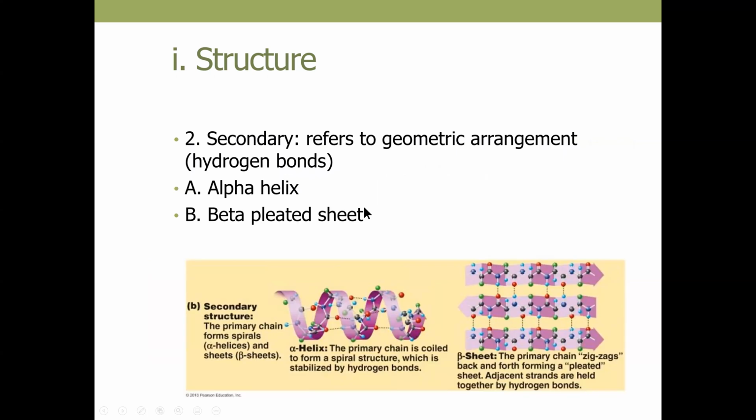Secondary structure refers to geometric arrangement. It can be an alpha helix or a beta pleated sheet. These are the two secondary structures, and they are related to the geometric arrangement of hydrogen bonds.